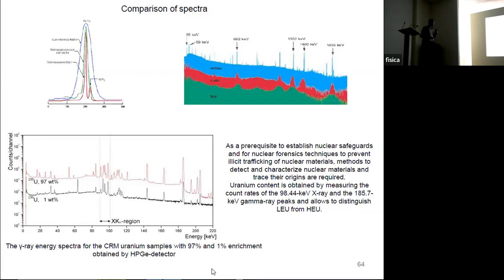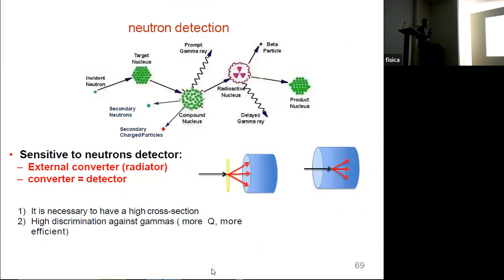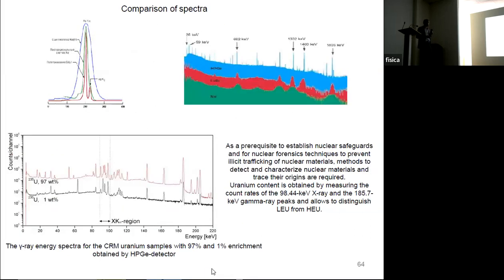By measuring the ratio of these X-rays, you can distinguish between low enriched and highly enriched uranium. It can be done with a high purity germanium detector.